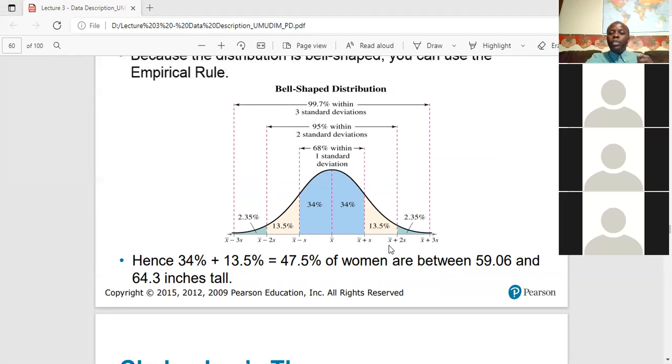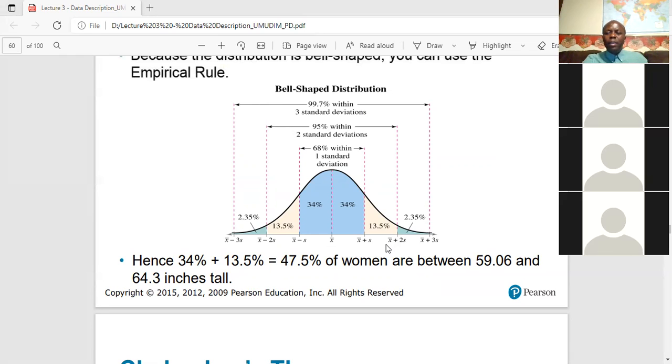Then the upper side, you use the same thing, but you use plus. So how you know is based on the question they gave you. If they ask you to find the normal range or the usual range, that means you're going to use x bar minus 2 standard deviations and x bar plus 2 standard deviations.